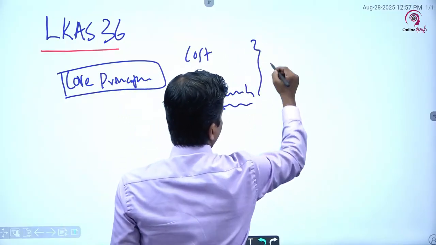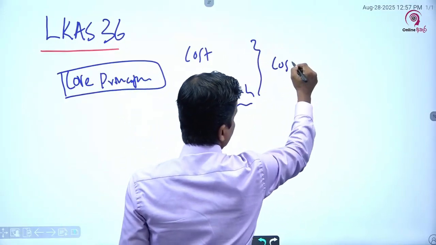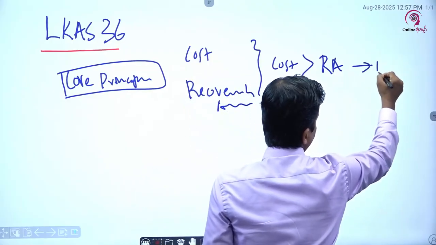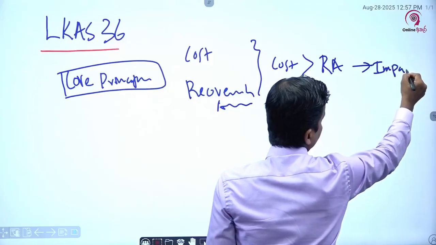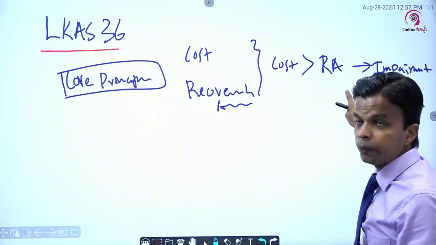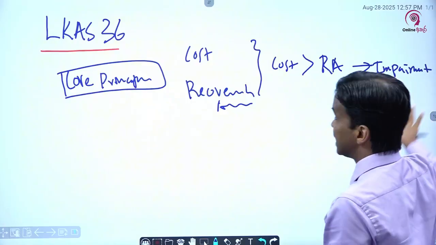If cost is higher than recoverable amount, the difference is your impairment.